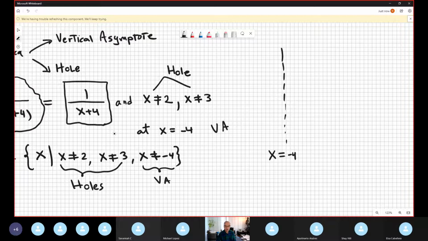And the curve, when you learn how we are doing the curve, the curve approaches this, like that, but never touches, never touches, approaches. This line does not actually participate in the graph of the function.